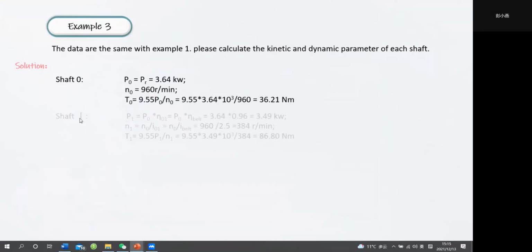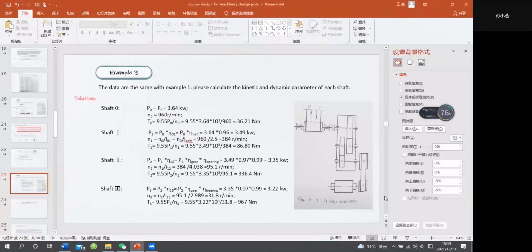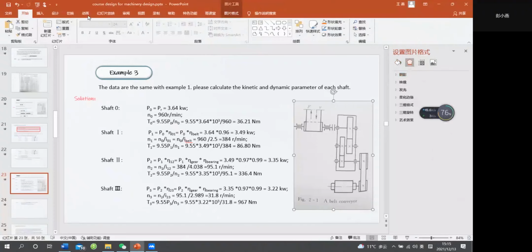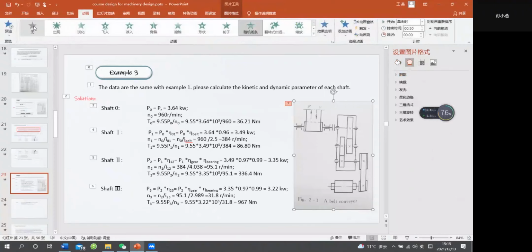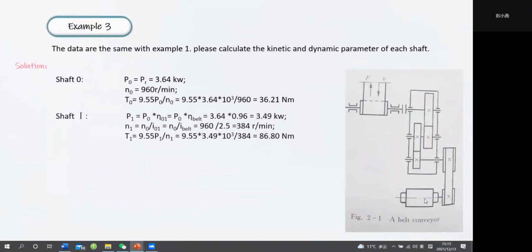And then for shaft 1. This is shaft 0, and then we should calculate the input power, torque and rotating speed for shaft 1.